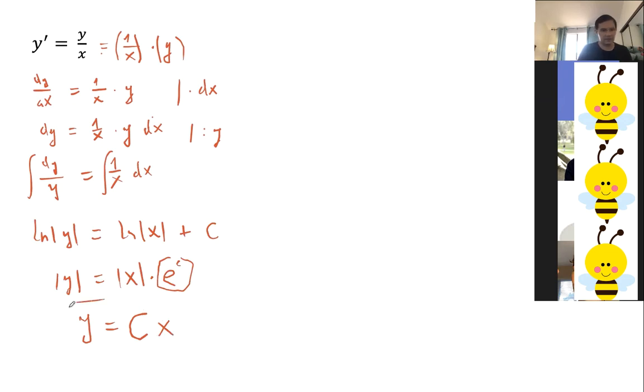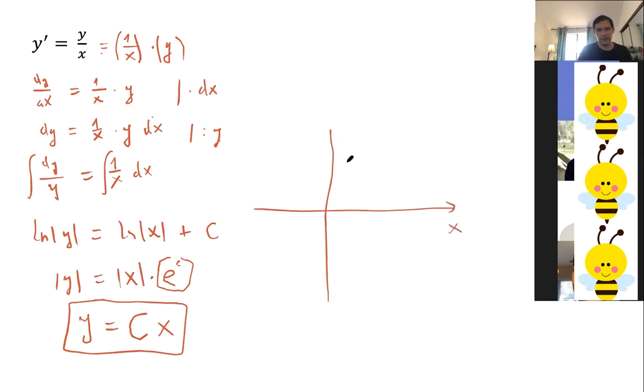Those are all the solutions, very simple. So for example, take this is my x-axis, and this is my y-axis, and take the solution that corresponds to c equals 1. Then we have the solution y equals x. Very simple function. y equals x is a solution to this differential equation.